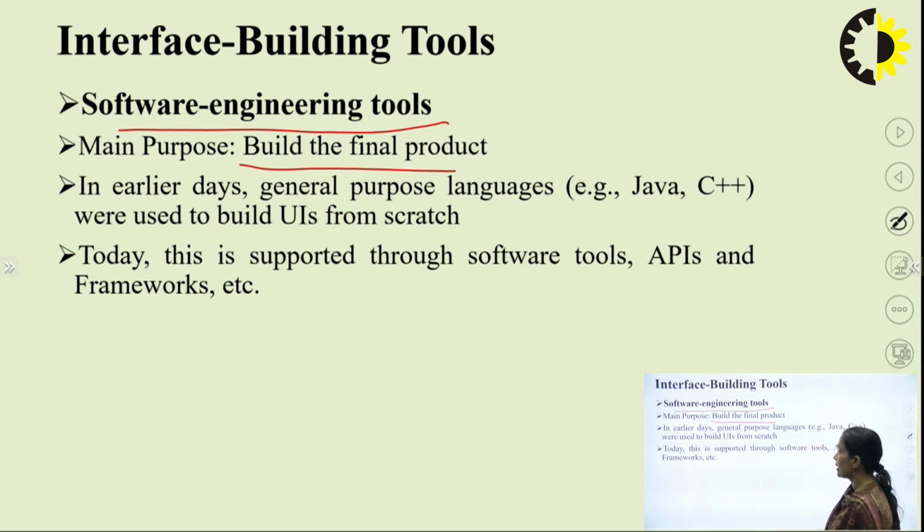In the earlier days, the general purpose programming languages we used were Java and C++. They were used to build UIs from scratch, and now it is supported through software tools, various APIs being called, and various frameworks being used to design the software engineering tools.